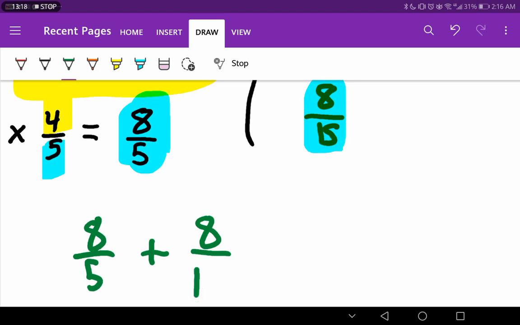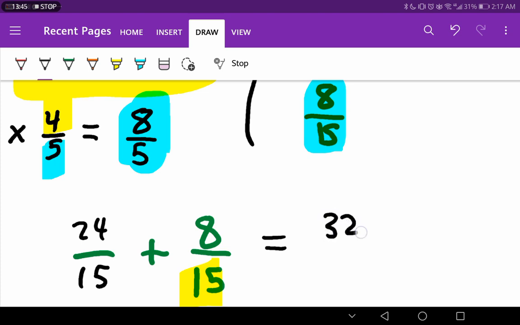And as you know, we cannot add until we make the 5 like the 15, so I need to multiply by 3 by 3, so it will be 24 over 15. Now I can add, yes, it equals 32 over 15.